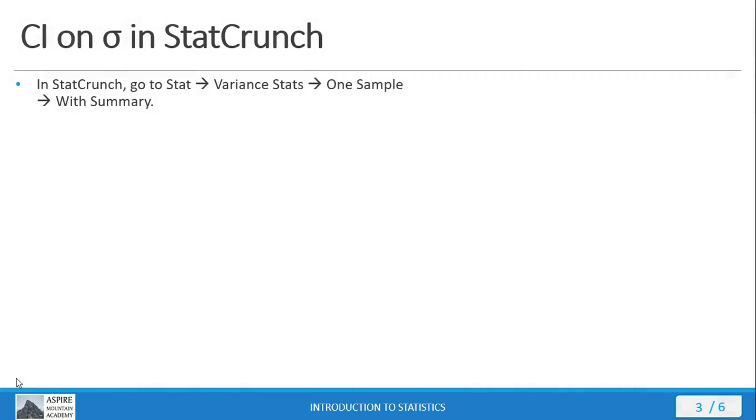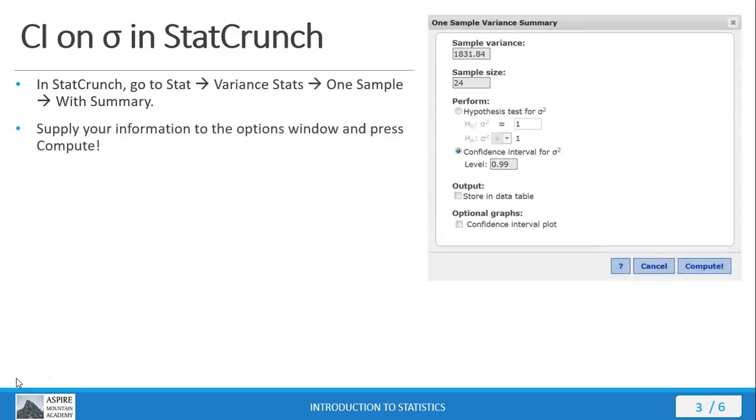So in StatCrunch, go to Stat, Variance Stats, One Sample with Summary. Then here in the Options window, notice the numbers that we're putting in. This first number is not the standard deviation.